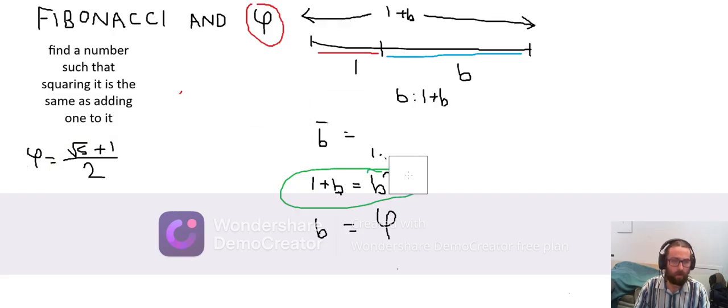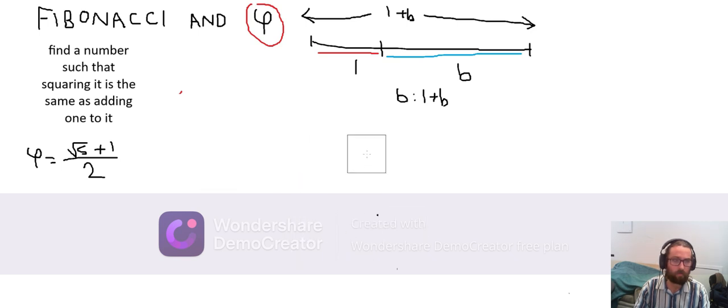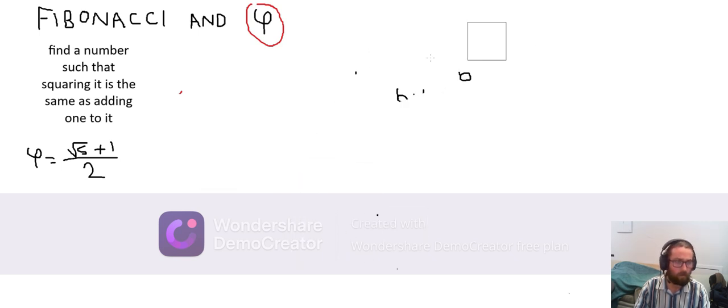Now I'm going to talk a little bit about the Fibonacci sequence. For those of you who don't know the Fibonacci sequence, it's quite straightforward. It's a sequence of numbers such that the first number in the sequence is going to be equal to 0. The next number is going to be equal to 1. And from then on, you're going to get the next number.